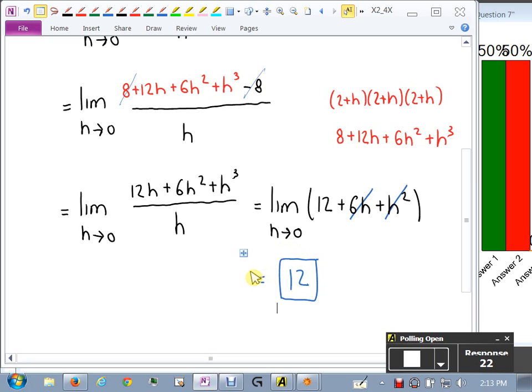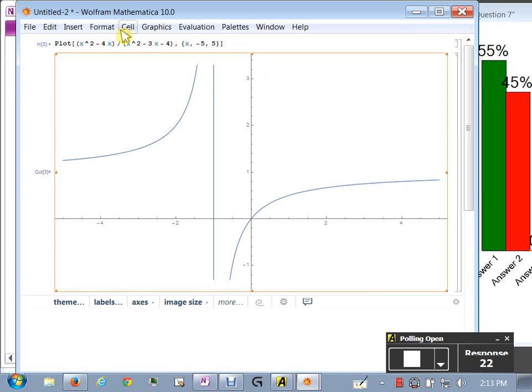So this means if I were to graph that function, if I look at the function as I approach 0, it should be headed towards what? 12 from both sides. I'm still going to do it the other way because you asked me to, but I do want to graph this.